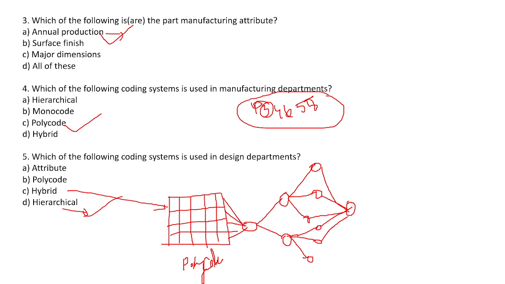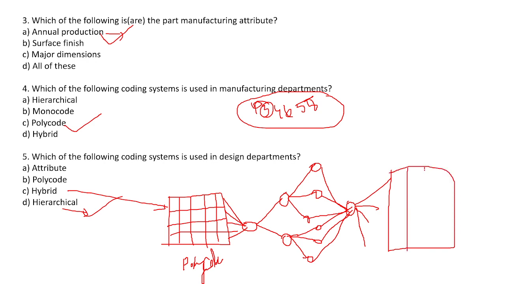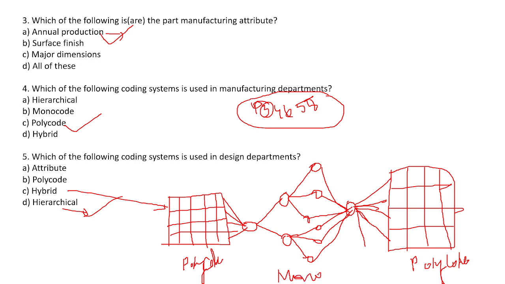Then it goes to admin, that is polycode, that is again polycode, and that is monocode.